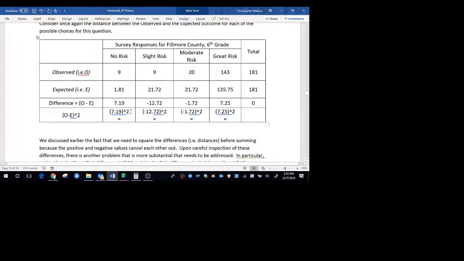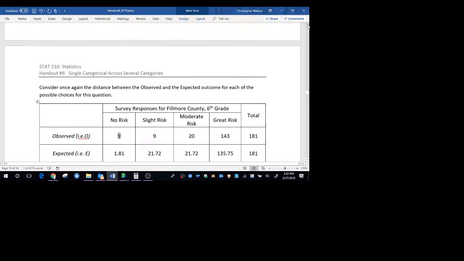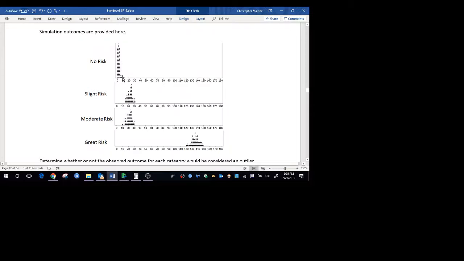But before I do that, let's look at these two quantities here, the no risk and the great risk. I believe we said for the no risk that 9 was indeed an outlier compared against 1.81. So if we go back up and look at those reference distributions, for the no risk group, 9 is very much an outlier.